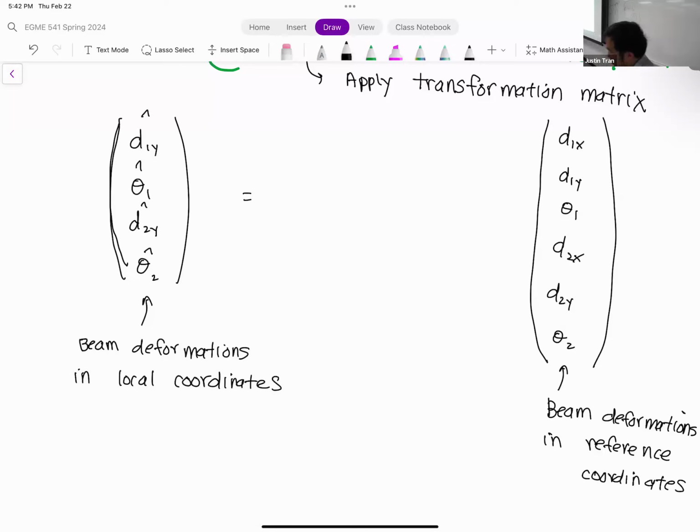So those are the beam deformations in standard X, standard Y directions, and we have to add the thetas in there as well. Of course, to relate these two things, you need a transformation matrix. And our transformation matrix is going to look something like this. It is a 4x6 matrix in this case.